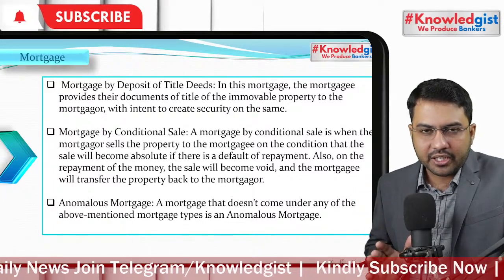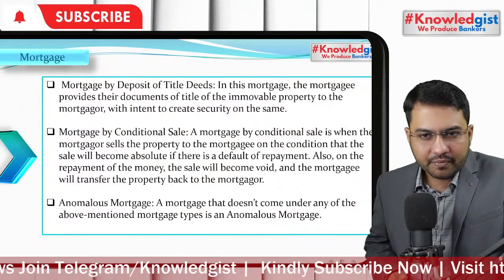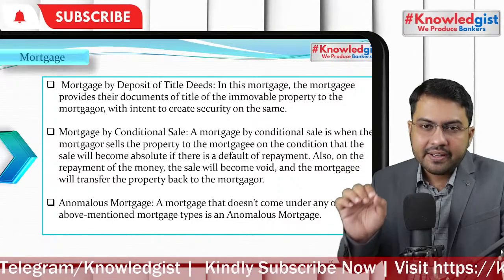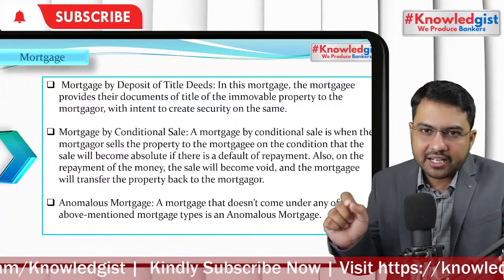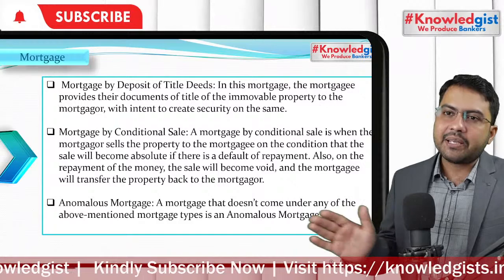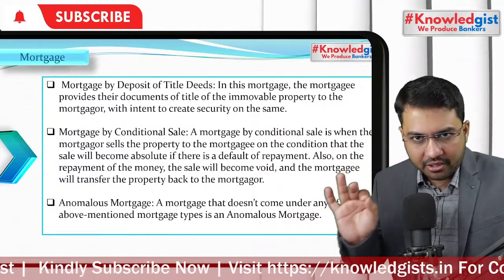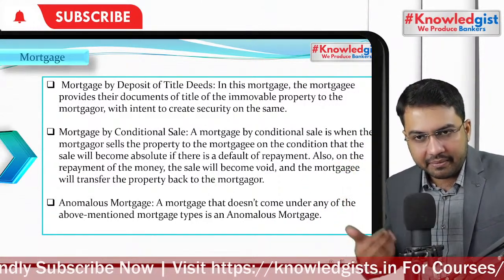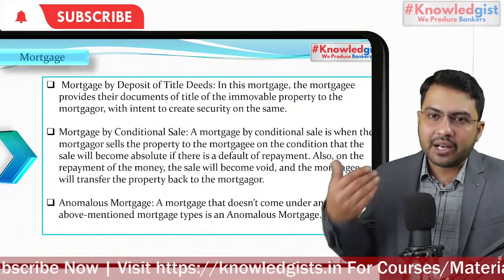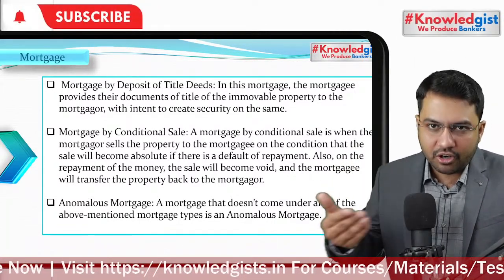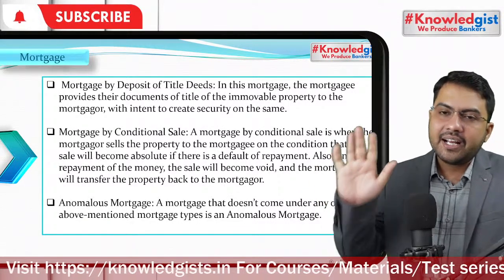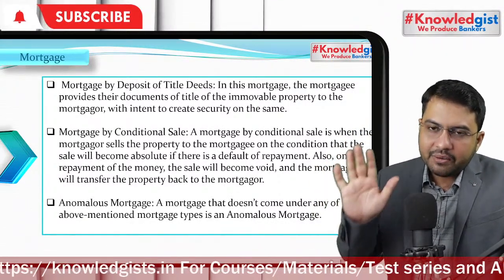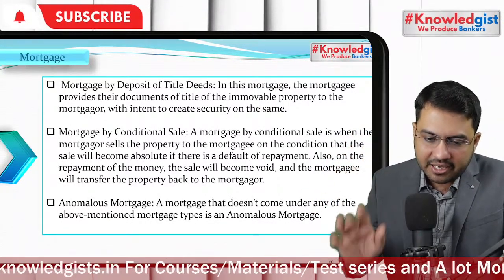When I take a loan from SBI, my property will be given to SBI, and SBI will sign a conditional sale to me. When I repay my money, the sale is completed and the property is given back to me. If I don't repay, the sale becomes absolute, which means that property will lie forever with State Bank of India.